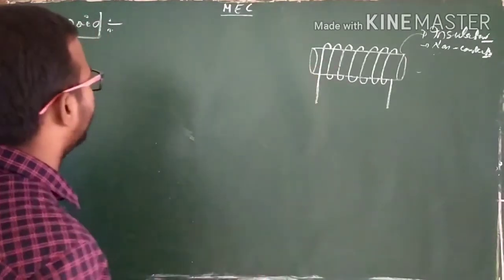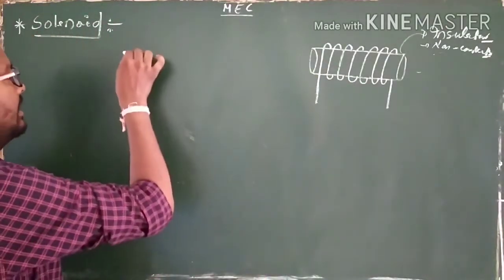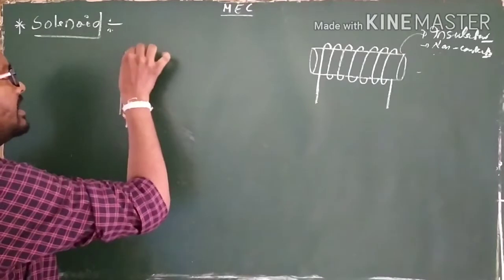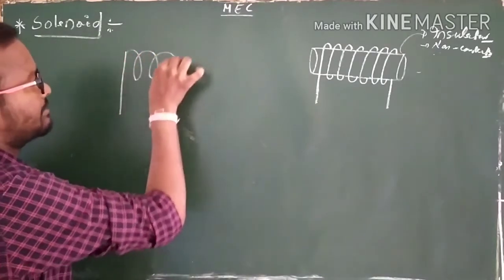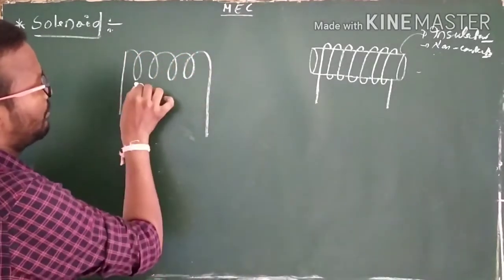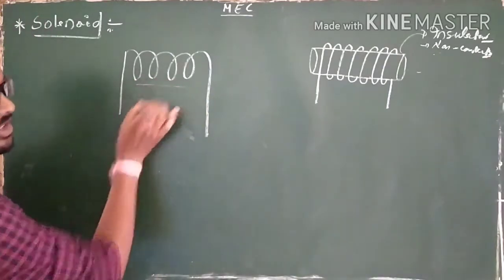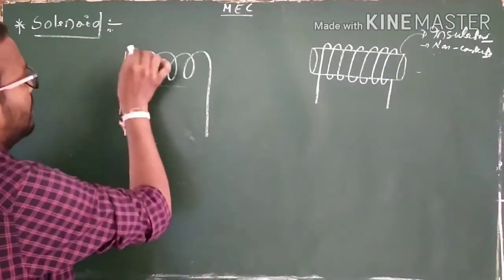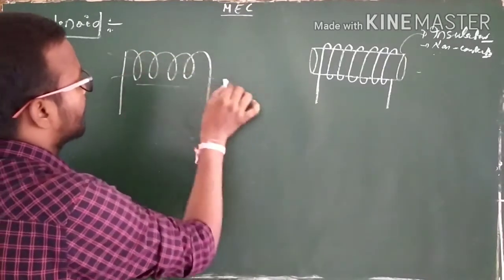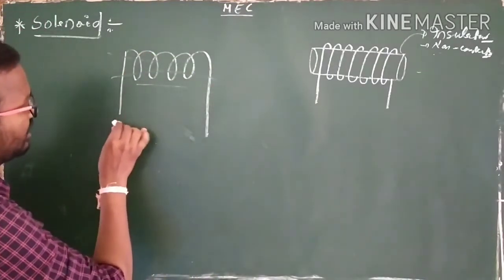So this is a helical structure. What is helical? That means like a spring. Suppose it is like a spring with a number of turns, and these turns are very close to each other, and this looks like a cylindrical coil.